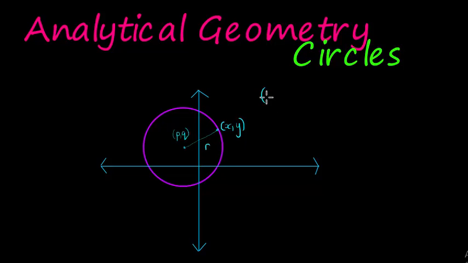We find that distance by taking (x minus p) squared plus (y minus q) squared, which is equal to r squared. Otherwise it should be the square root of that.